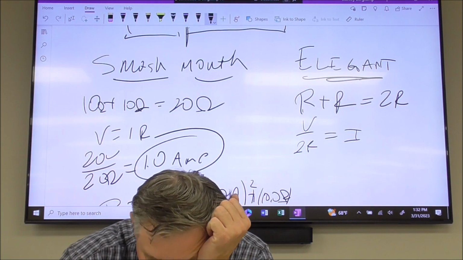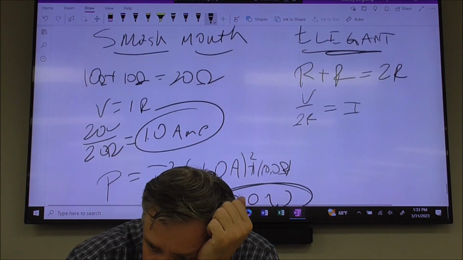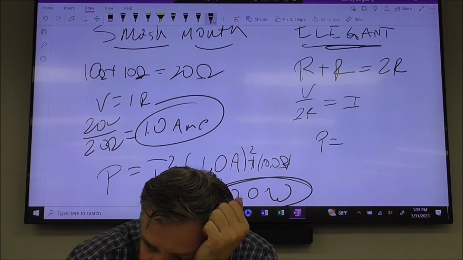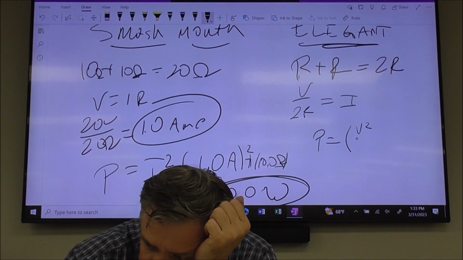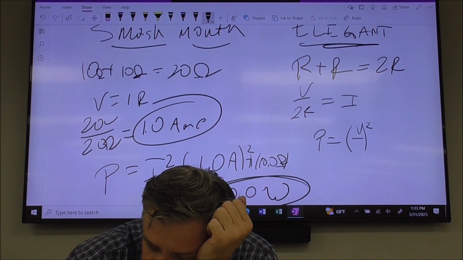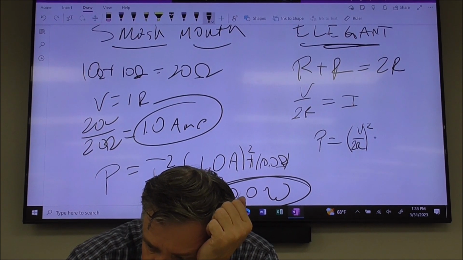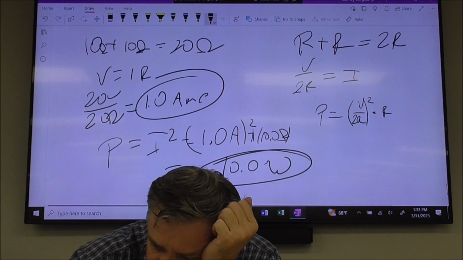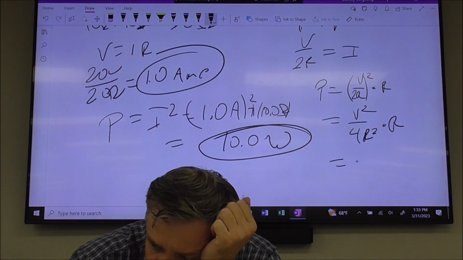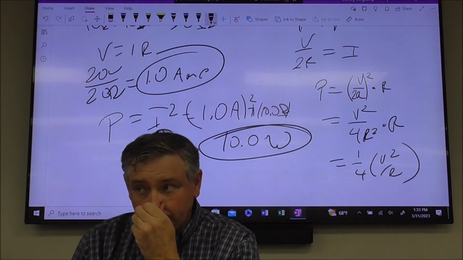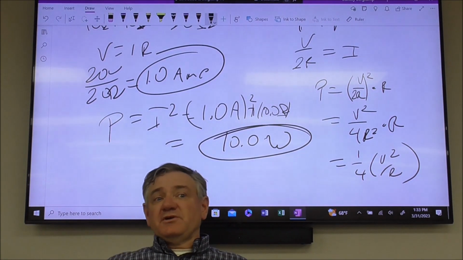Then you substitute that into power, I squared R, so I'm going to have V over 2R, squared, times my resistance. This is where it gets a little bit cool. You get V squared over 4R squared times R, which works out to 1/4 V squared over R. You're going to get the same answer.